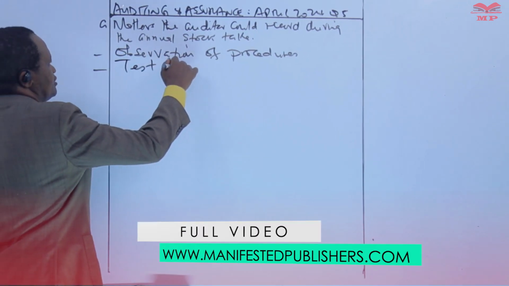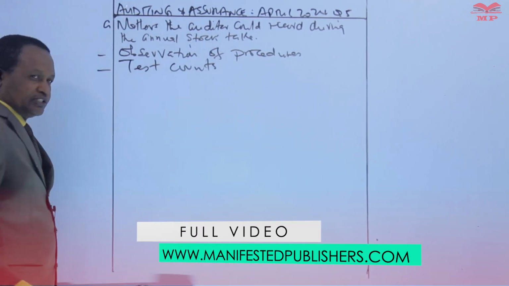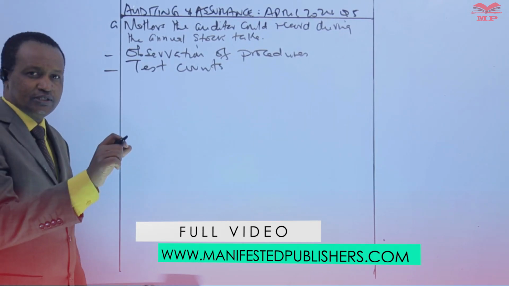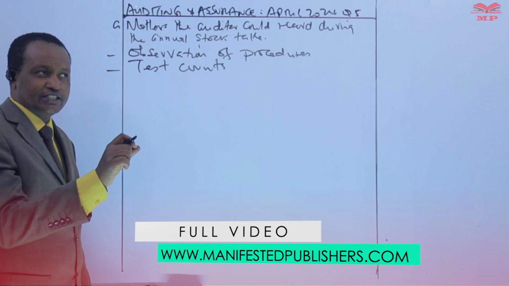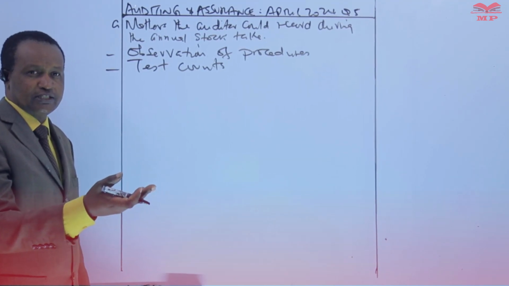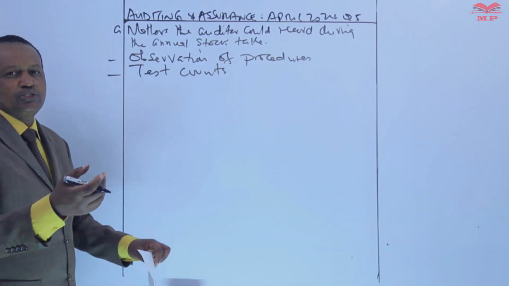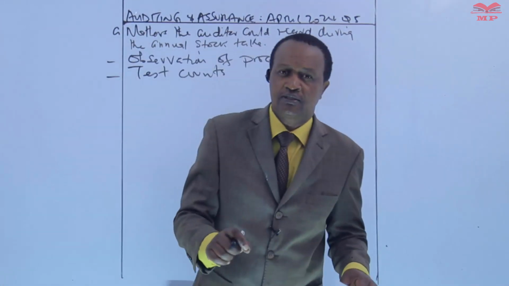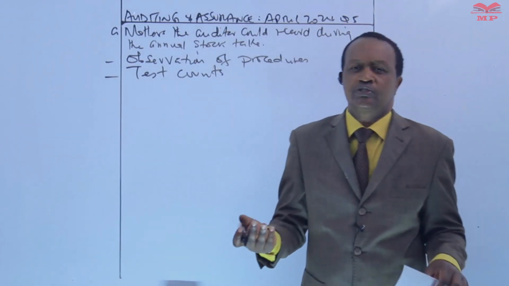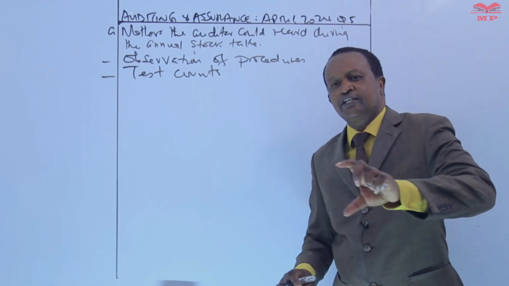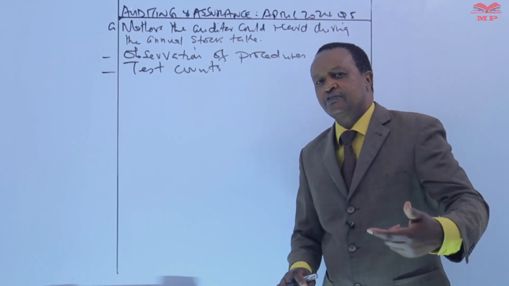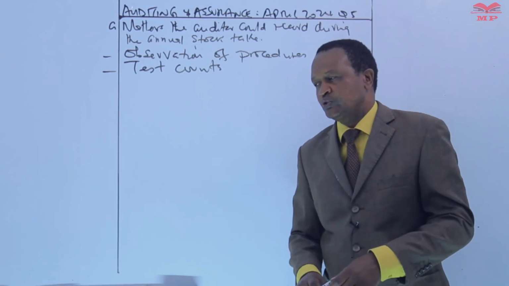Test counts. The auditor should perform test counts of selected items, and he should record the results in the working papers. These test counts serve to verify the accuracy of the client's count and also to identify any potential issues.